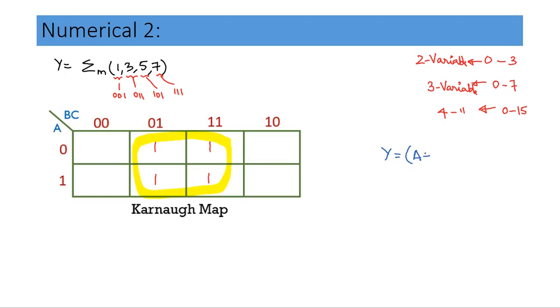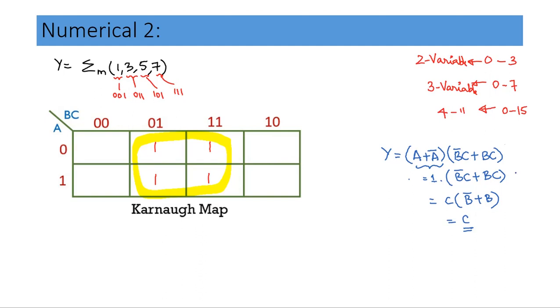A plus A bar into B bar C plus BC. This particular term is equal to 1. So this is 1 multiplied with B bar C plus BC, or I can write this as C to be common, B bar plus B, which is equal to C.